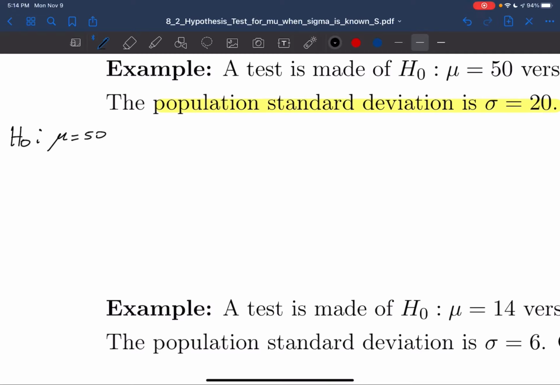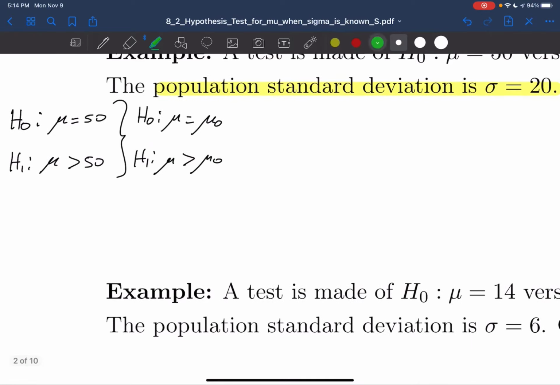H naught: mu is equal to 50, and h1: mu is greater than 50. So this is in the form of h naught: mu is equal to mu naught, and h1: mu is greater than mu naught.